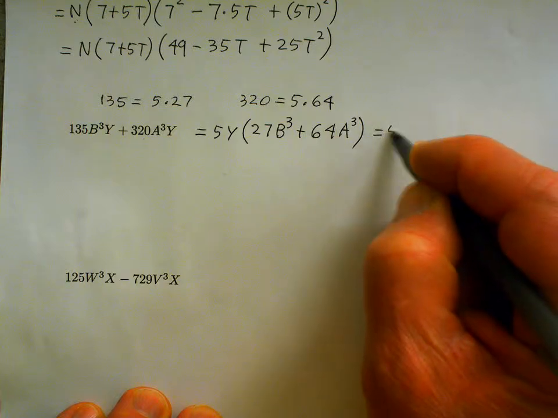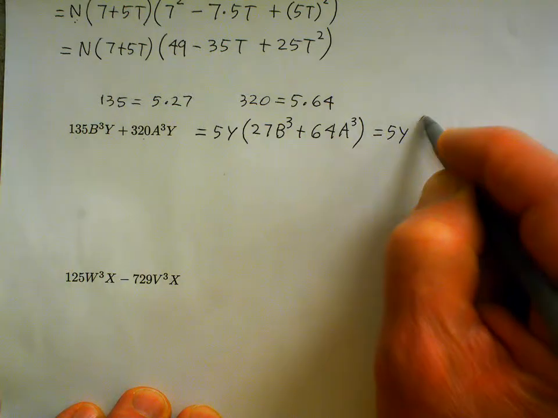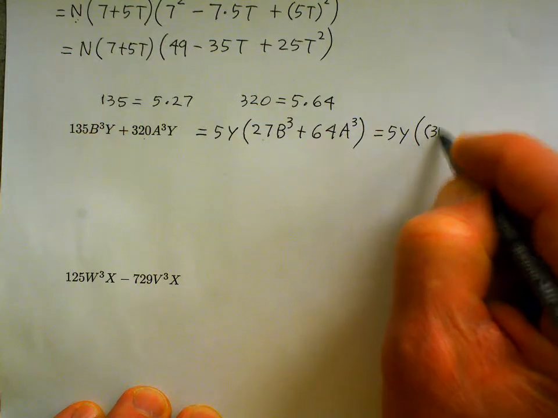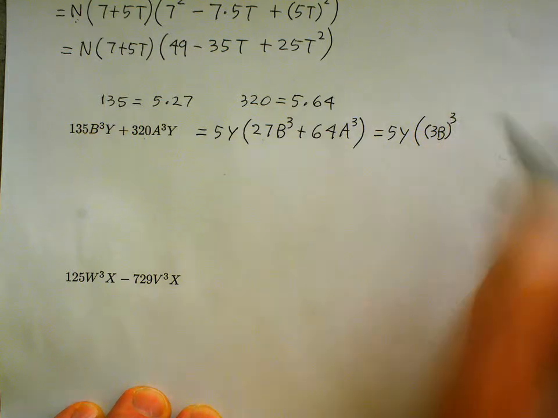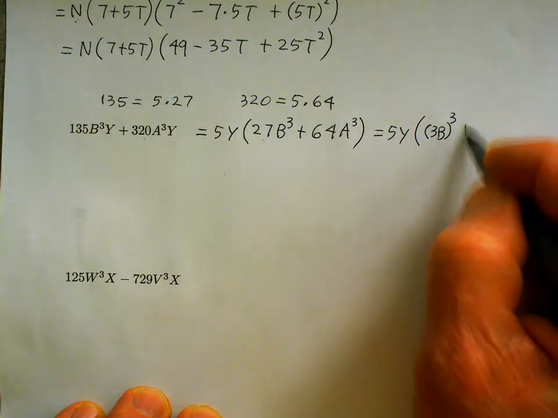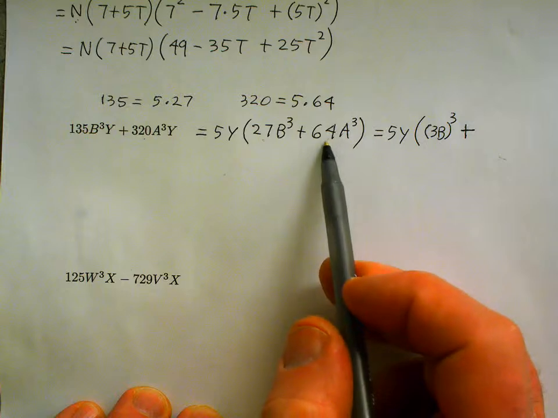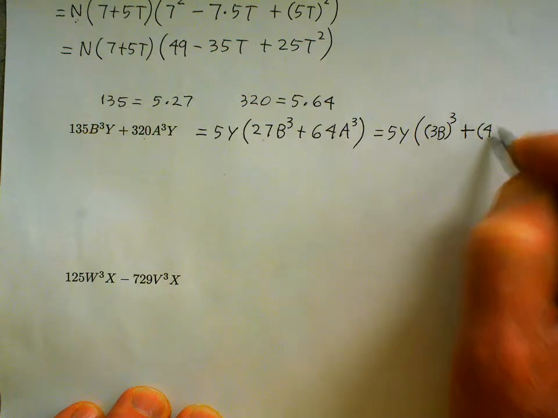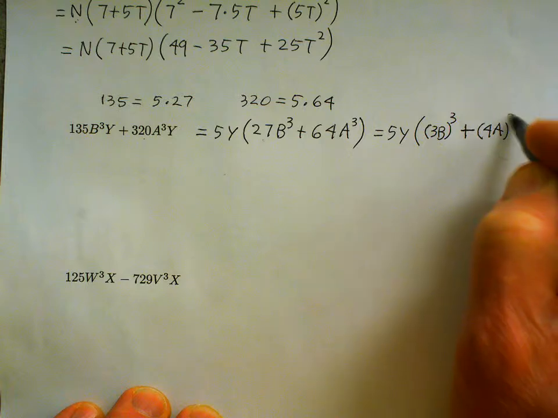So in the next step, we'll write the term 3b to the third. This is equivalent to 27b to the third. Then the other term, 64a to the third, that's equivalent to the term 4a to the third.